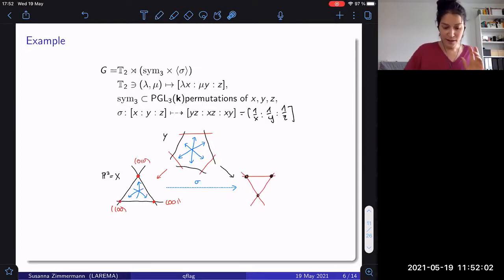So in this group G, T2 acts by automorphisms, the symmetry group acts by automorphisms, and this guy acts birationally. And it is an isomorphism outside of these 3 lines. So that means this whole group is an isomorphism outside of these 3 lines.